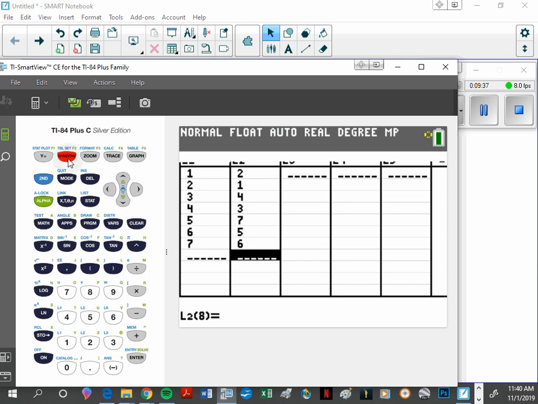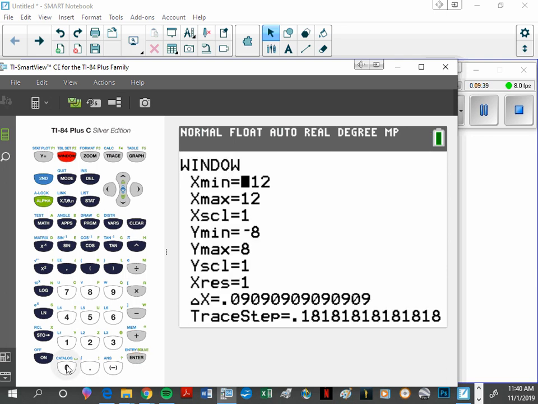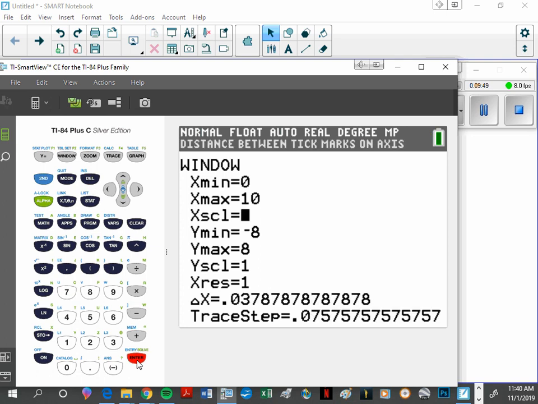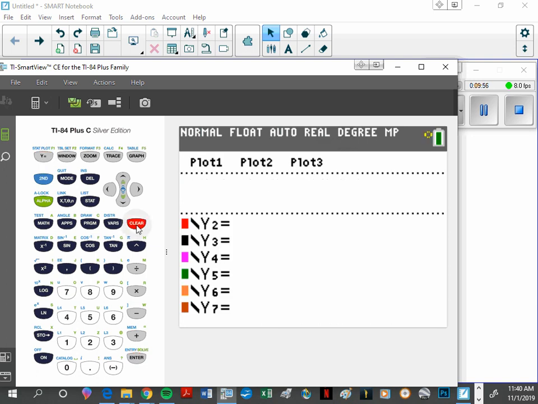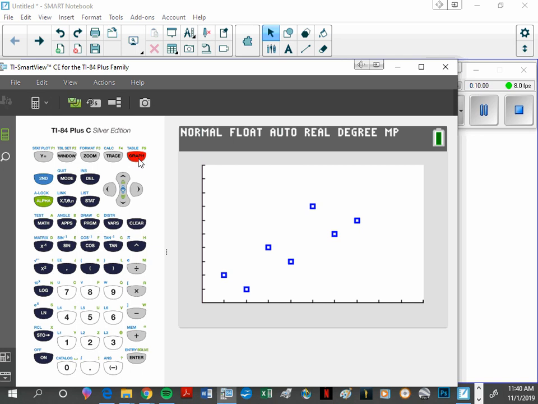All right, I'm going to go in my window. I'm going to go from 0 to 10 on my X, counting by ones, and then from 0 to 10 on my Ys, and then I need to turn on my plot. So I turn on plot 1, I graph the scatter plot.